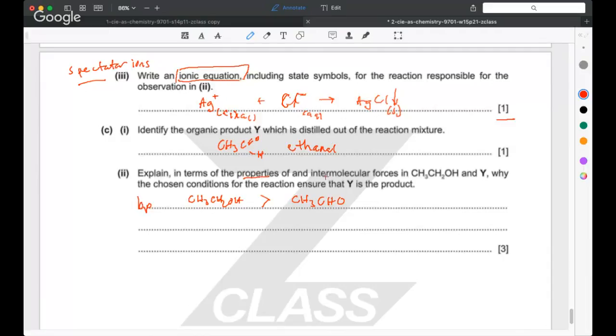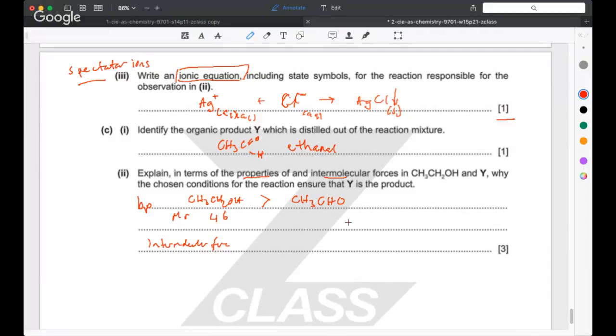And we've got to explain in terms of the properties and the intermolecular forces why ethanol has a higher boiling point than ethanal. Well, the boiling points are influenced by two things. One is the relative molecular mass, and one is intermolecular forces. Now, the relative molecular mass for ethanol is 46, isn't it?